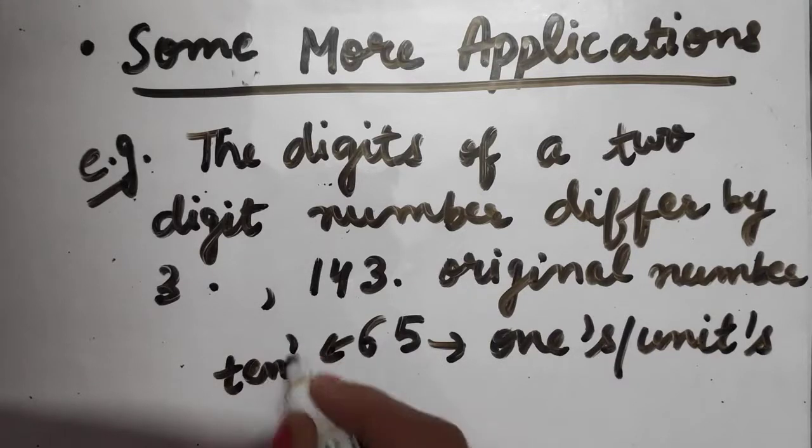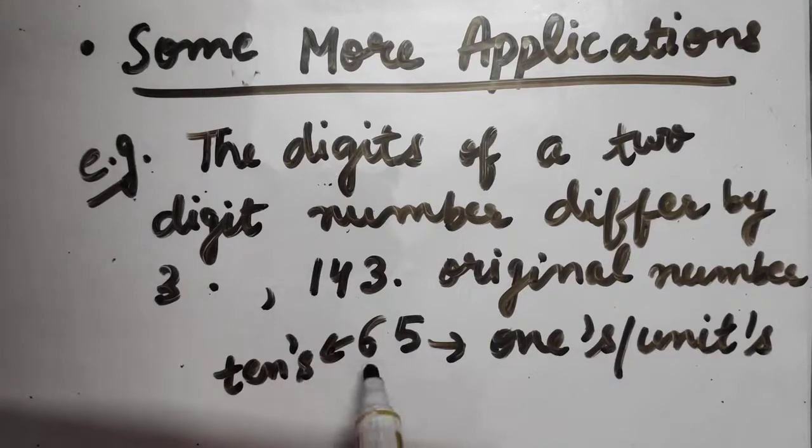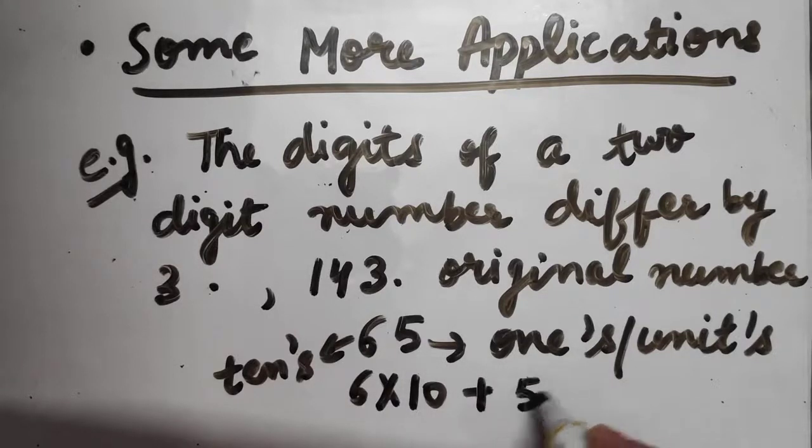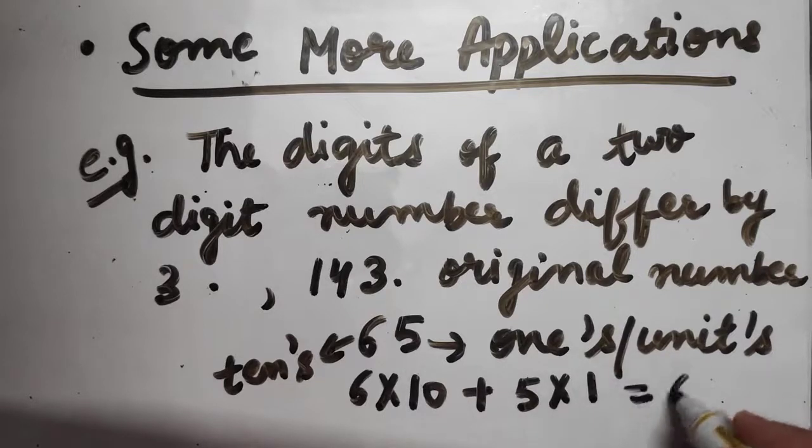And this is the digit at tens place. The digit at tens place is being multiplied by 10, and the digit at ones place is being multiplied by 1, and that is how I am getting the number 65.